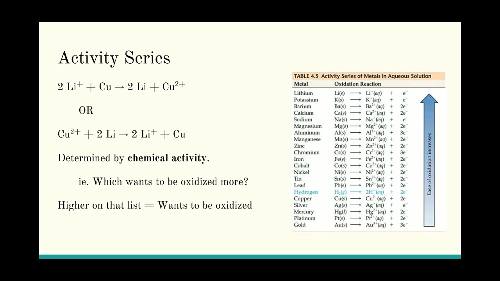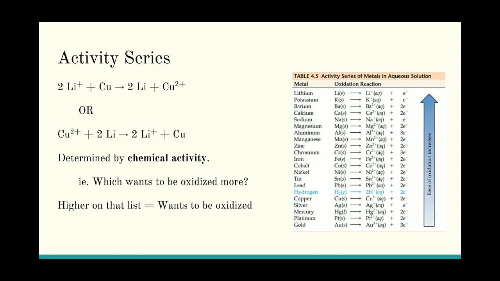Hydrogen is not a metal, but the way they originally set this list up, they decided to use hydrogen as a 0 point, because you can't measure any of these things in isolation. They always have to be measured against something else. But by saying that hydrogen is just an arbitrary 0 point, you can compare all the things on this list to hydrogen, and then that gives you a nice list.